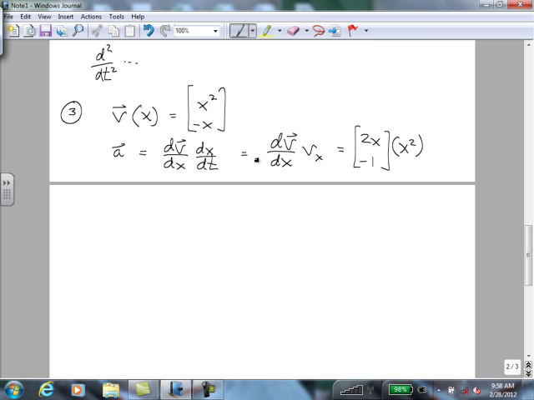So 2x minus 1 times x squared, and you're done with that one. For all of these, I didn't give a point to evaluate, but the presumption is that whatever point you're evaluating, you'd have as a function of x, just plug it in, x equal to 5 or whatever, and it gives you that acceleration vector.